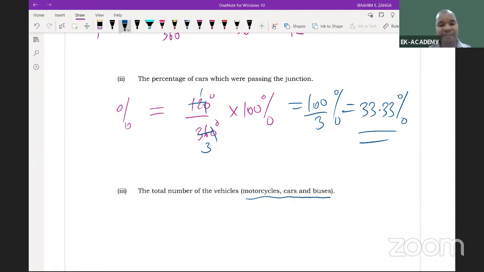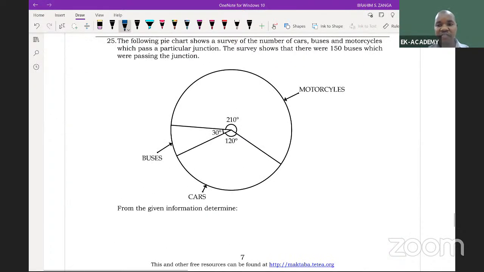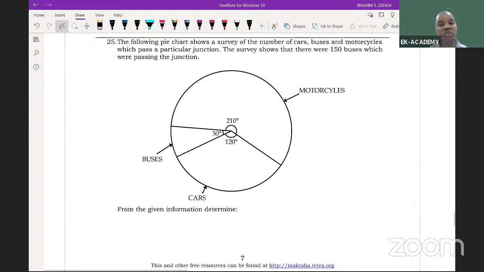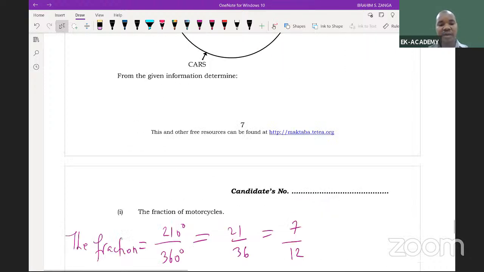Oh, now I understand. From this information, we were told that 150 buses were passing the junction. So we have to find the total number of these vehicles. Because 150 buses were passing, now we have to look for the total number of vehicles.